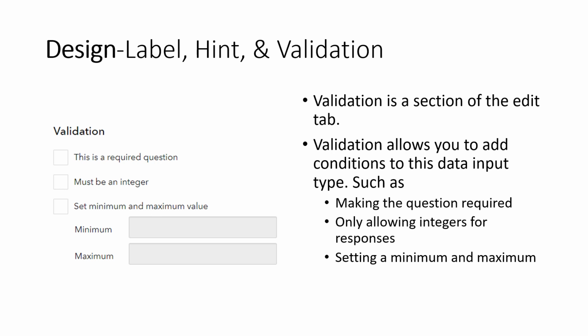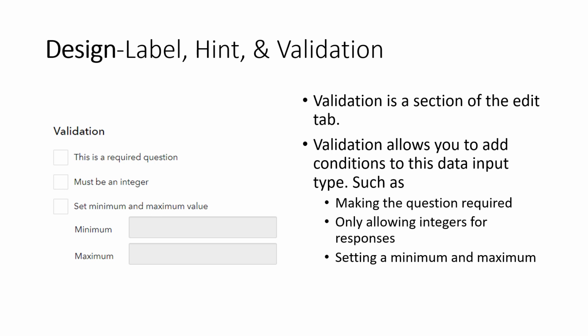For the number question input type, you can allow only integers for responses. So when you click on must be an integer, you can't actually put in a decimal point, but if you leave it unchecked, you can put in a decimal point. So for example, the pH lab. If you're using the pH test strips and you just want whole numbers, then click must be an integer.